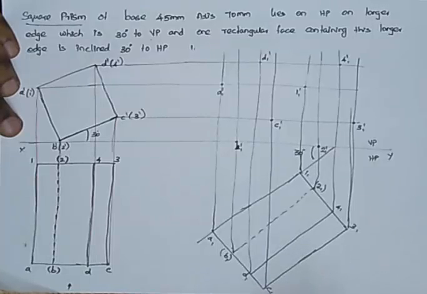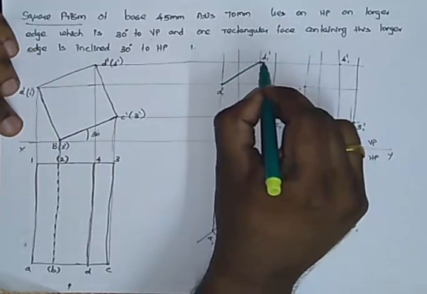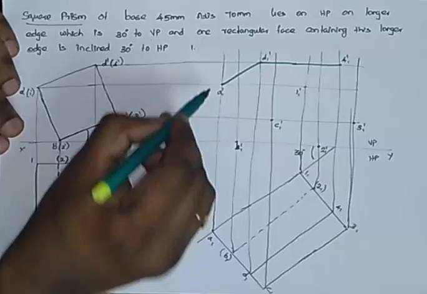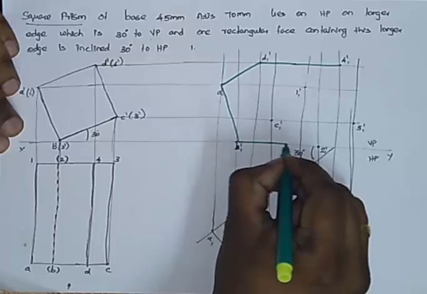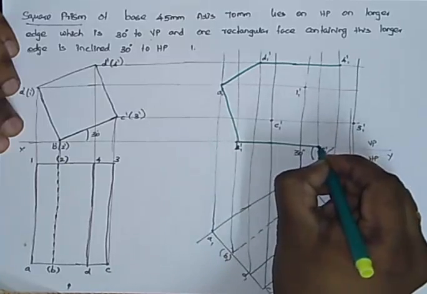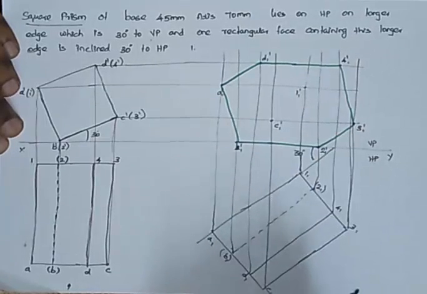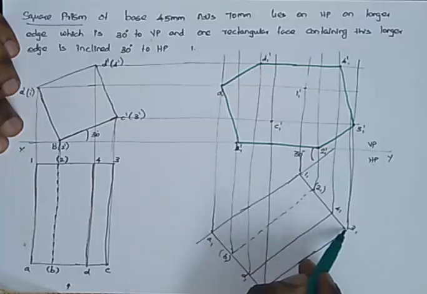To complete the drawing, first thing I have to do is thicken the outer edges with H pencil. Once the outer edges are drawn with the H pencil, you have to find out the visible and invisible edges by our method. This is the left extreme point, this is the right extreme point.